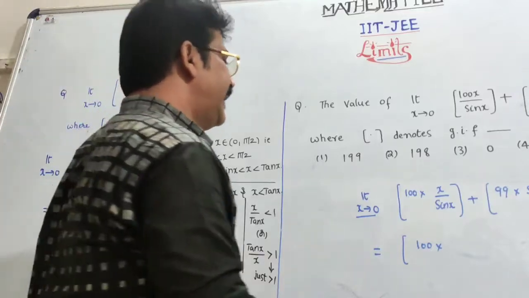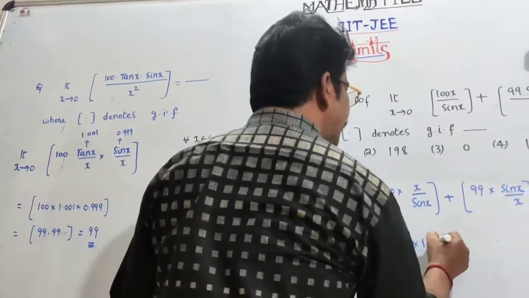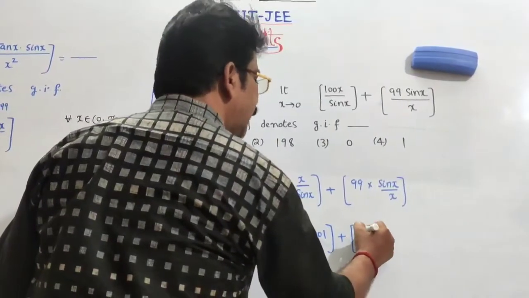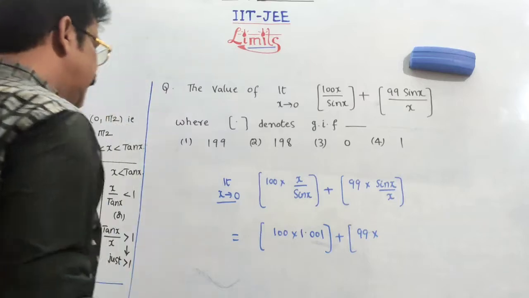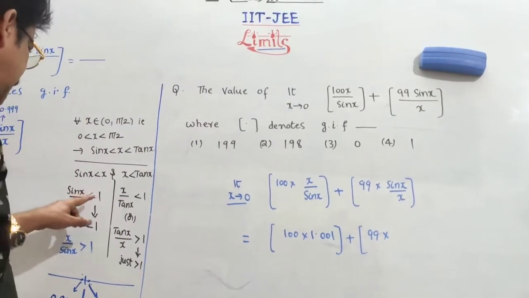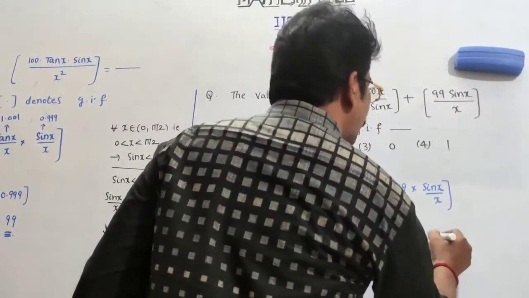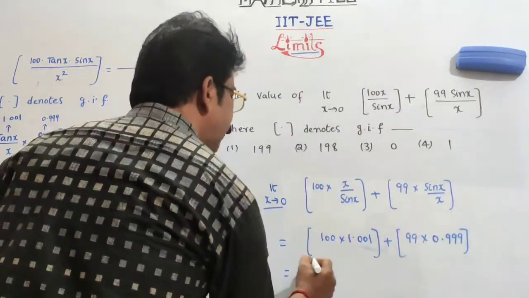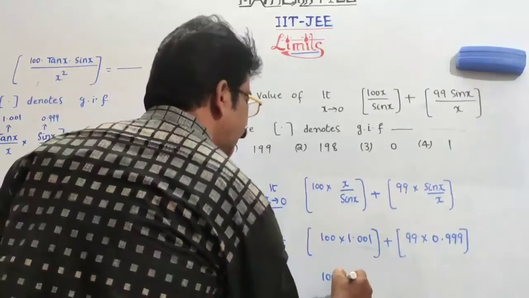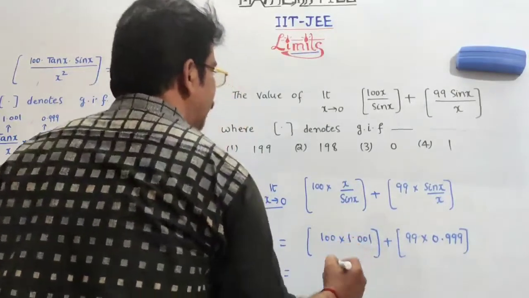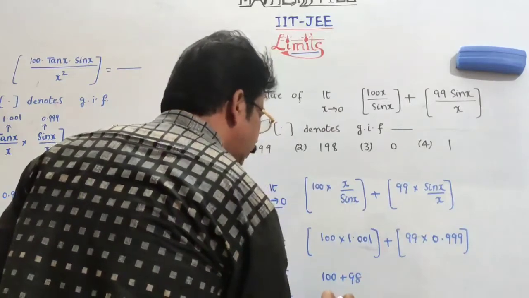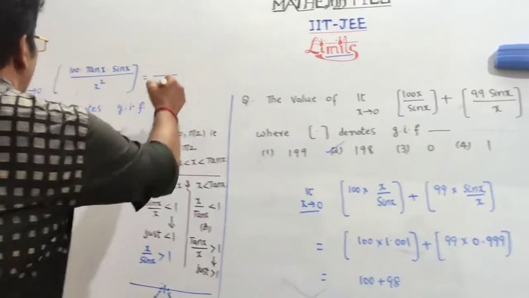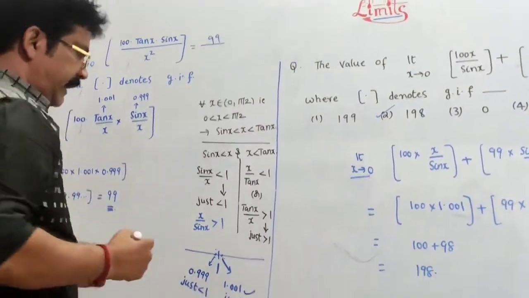Greater than 1 means, already I said, just greater than 1, 1.001, like that. Plus box of 99 into sin x by x, just less than 1, 0.999 like that. So therefore it will be 100 plus 98. So that is equal to total 198. Hence the second option is right. Here its value is 99. Hence the problem.